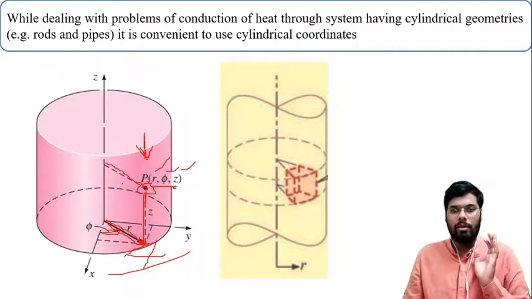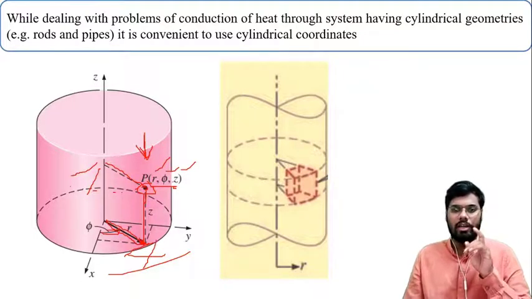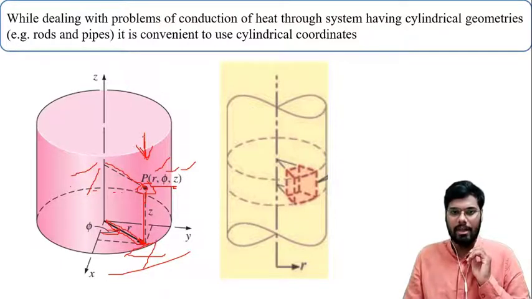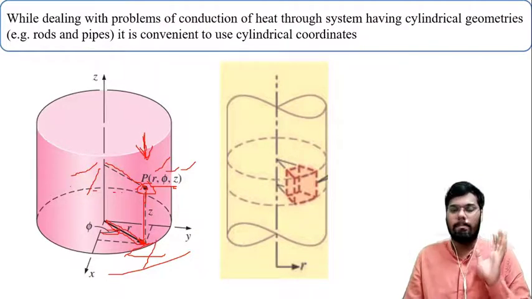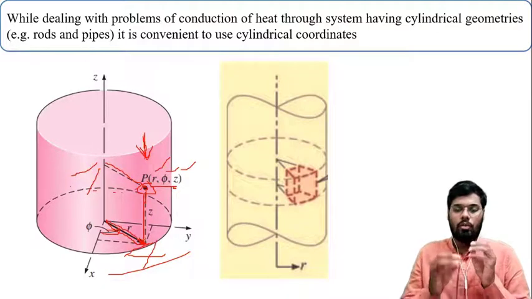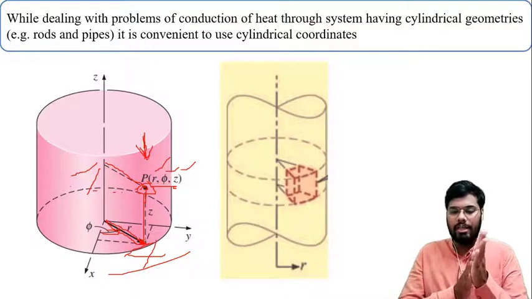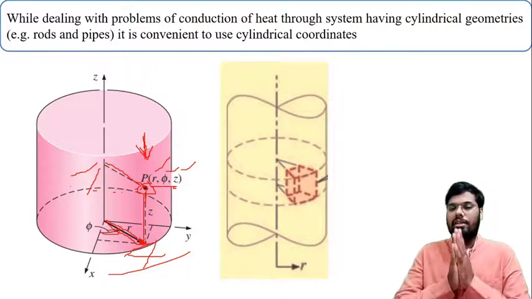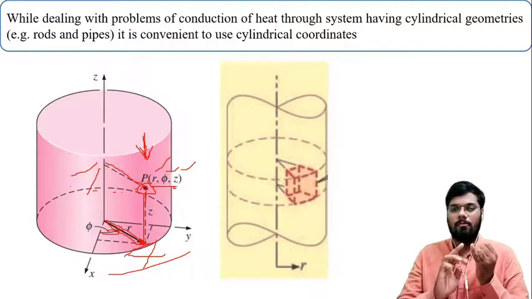Not only r, because there are many more points which are at distance r from the center axis with the same height z. So phi is the angle made by this point if I make a top view projection in the xy plane. So to locate any point in cylindrical coordinates, we need three variables: r, phi and z.